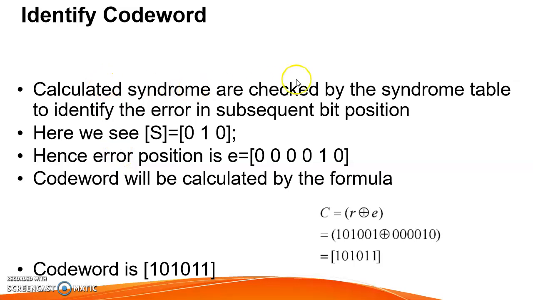So the calculated syndrome is checked against the syndrome table to identify the error in the corresponding bit position. The error will be 0, 1, 0, and by calculating with the formula we get the original code word, 101011. This is the code word.